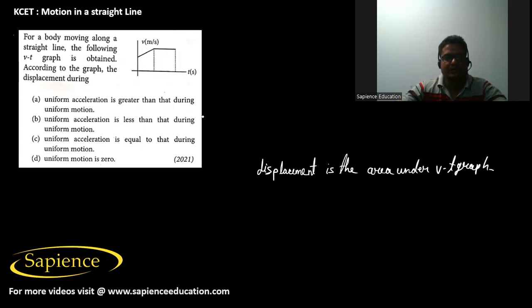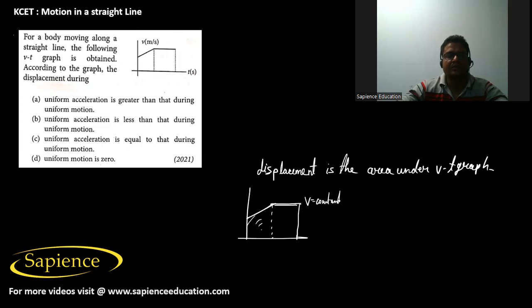So here, as you can see in this graph, the area of this first part, it means that when there is acceleration, the area is lesser than the rectangular part, meaning when velocity is constant. It means when there is uniform motion.